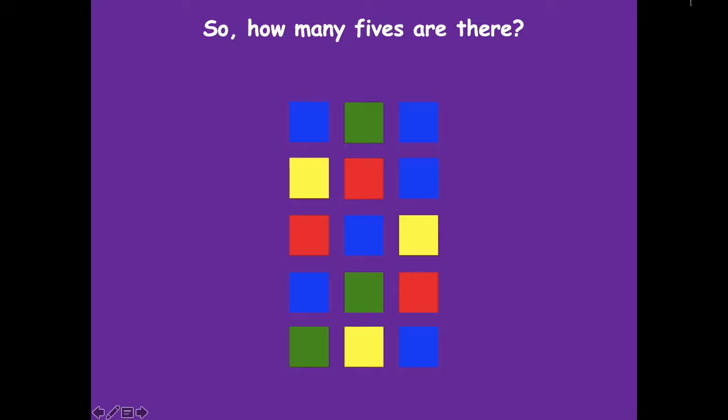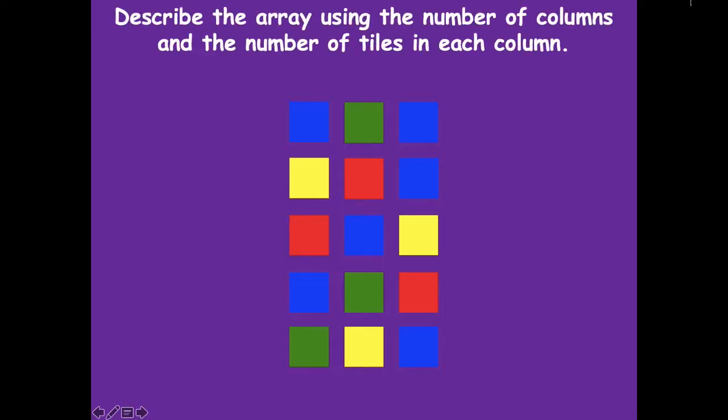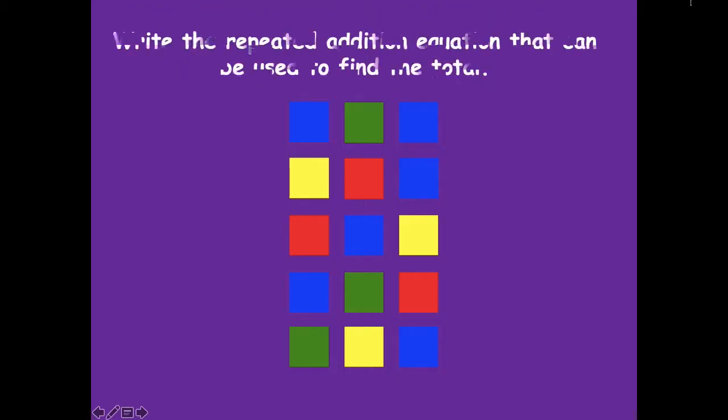So how many 5s are there? 3 5s. Describe the array using number of columns and the number of tiles in each column. So just like we did for the last one, how would you describe this array? 3 columns of 5 tiles.